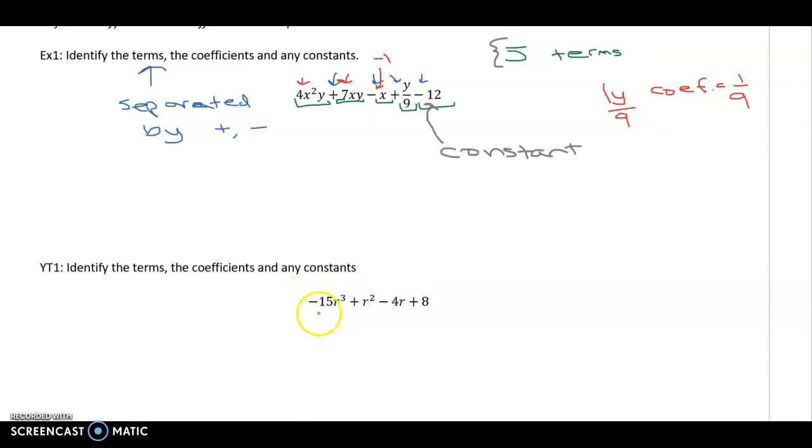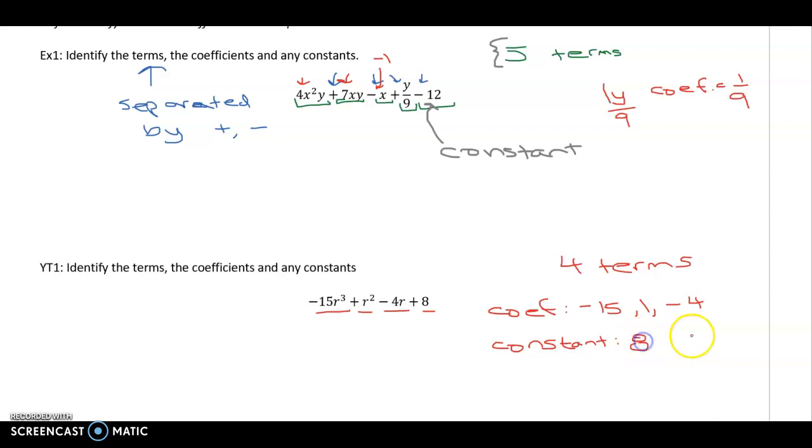So for you try one, there's 1, 2, 3, 4 terms. So 4 terms. The coefficients are -15, 1, so in front of r squared is +1, and then -4, but the 8 is not a coefficient, it's considered a constant.